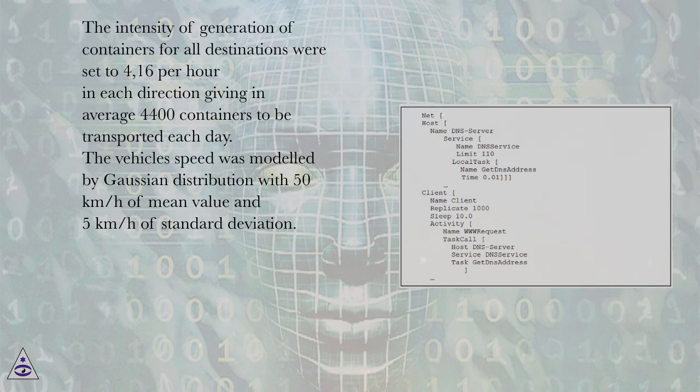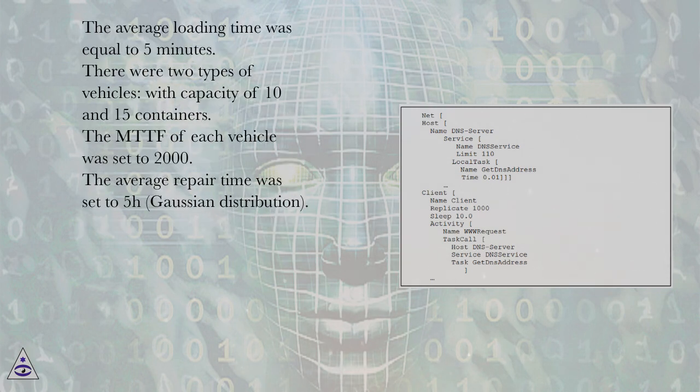The vehicle speed was modeled by a Gaussian distribution with 50 km per hour of mean value and 5 km per hour of standard deviation. The average loading time was equal to 5 minutes. There were two types of vehicles, with capacity of 10 and 15 containers. The MTTF of each vehicle was set to 2000. The average repair time was set to 5 hours, Gaussian distribution.